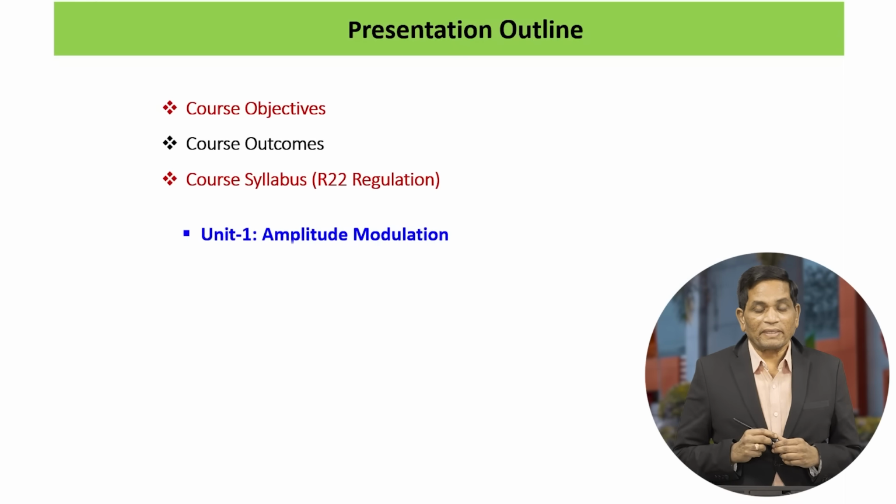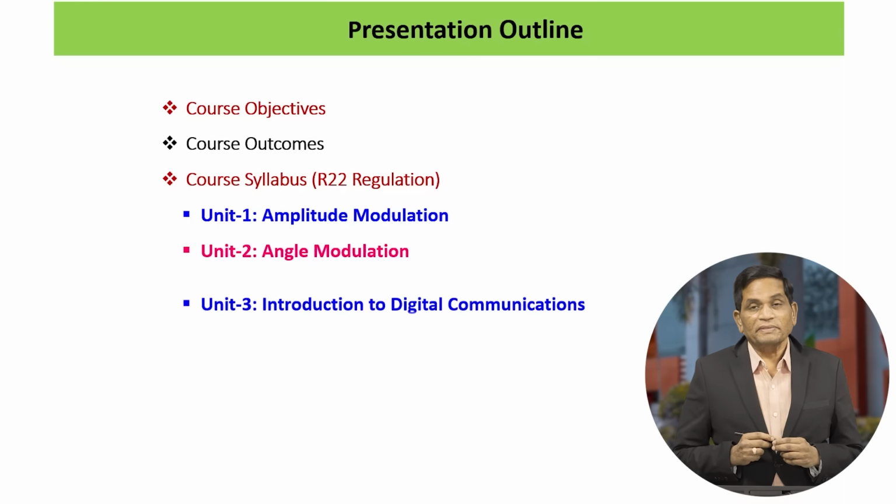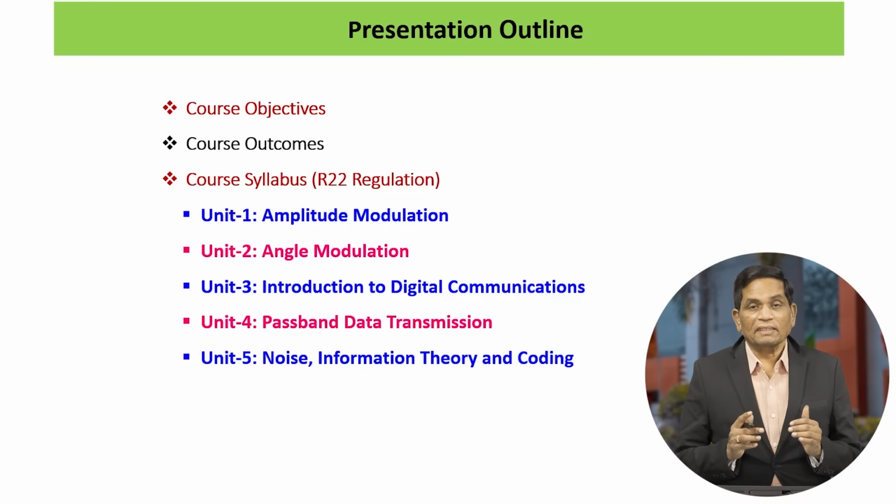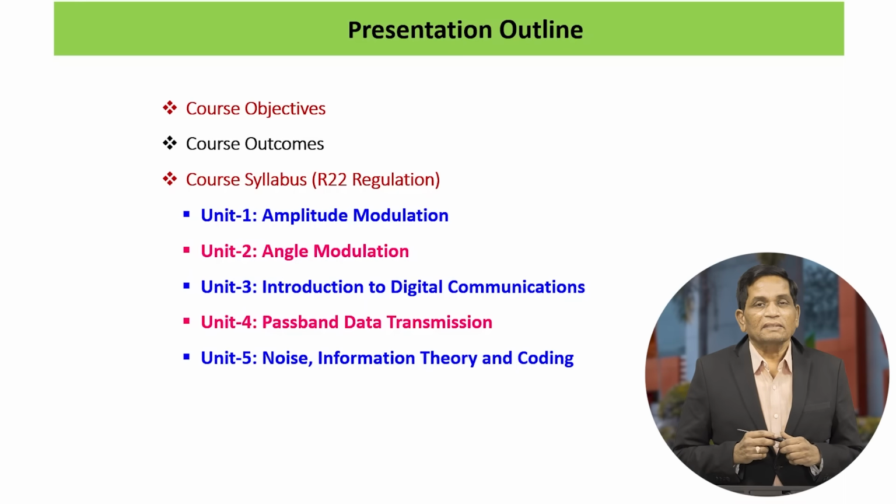First I'm going to explain the course objectives, the course outcomes, and the syllabus. The total syllabus is divided into 5 units. The first unit deals with amplitude modulation, the second unit deals with frequency modulation or angle modulation. The third unit is about the introduction to digital communications.